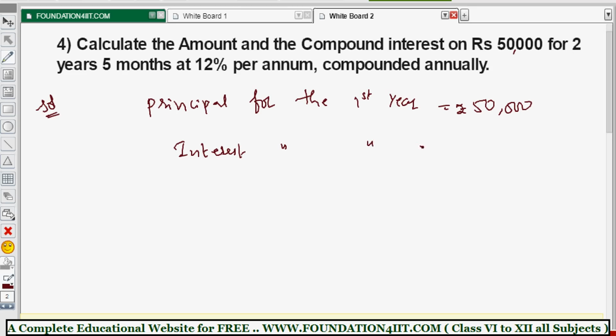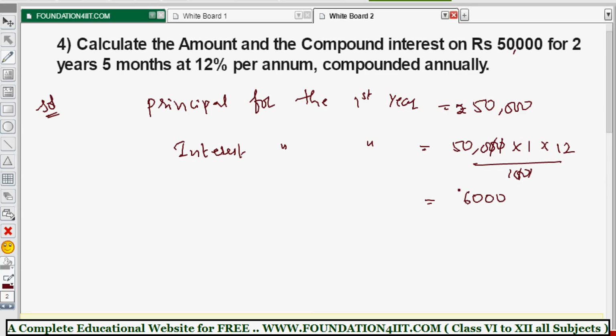Interest for the first year is 50,000 into 1 year, 12% per annum, 12 by 100. Cancellation: 500 into 12, 12 fives are 60, so 6,000 is the interest for the first year.